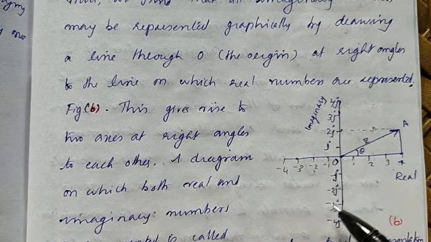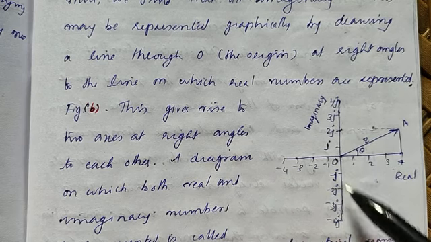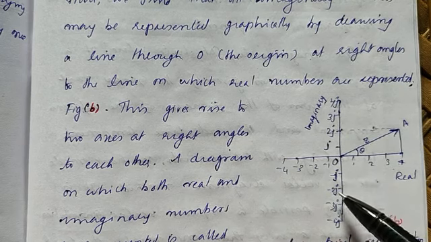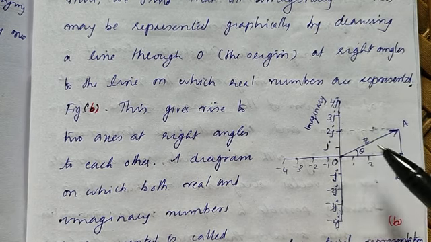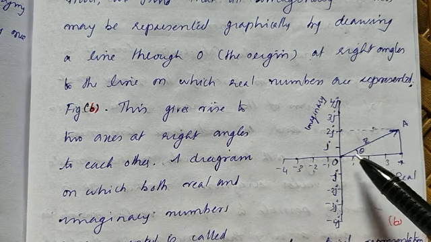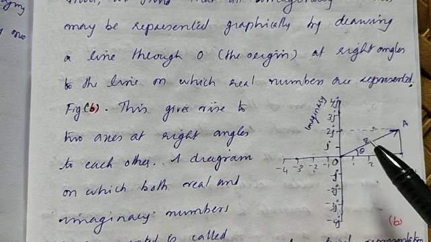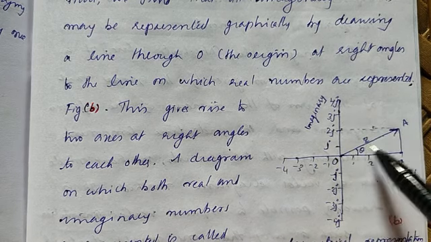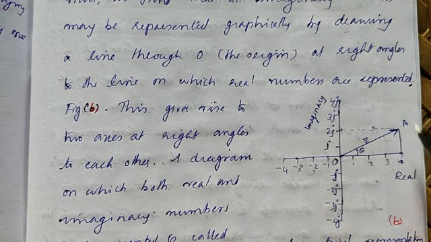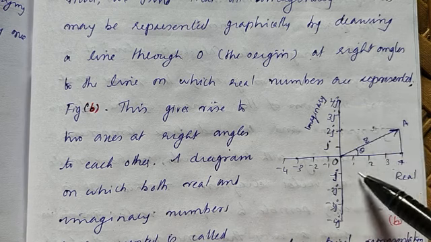This is the real axis and this is the imaginary axis. Here we have represented the imaginary quantities j, minus 2j, minus 3j, etc. So if we are considering a vector or a point, we are representing an imaginary quantity in this diagram.